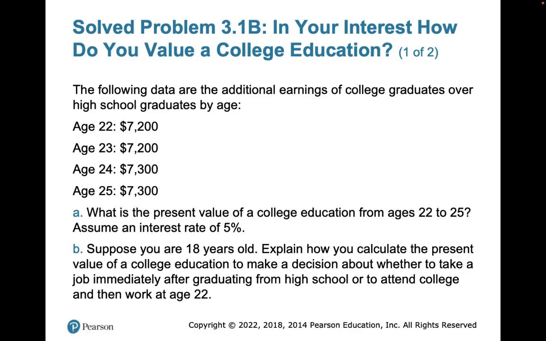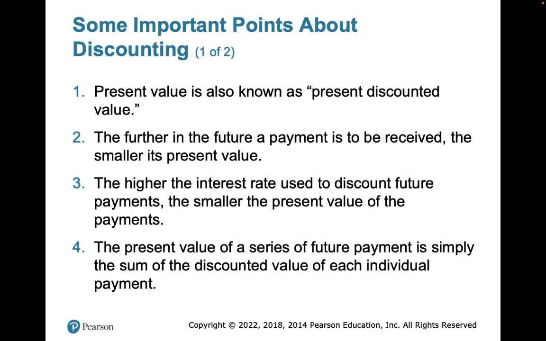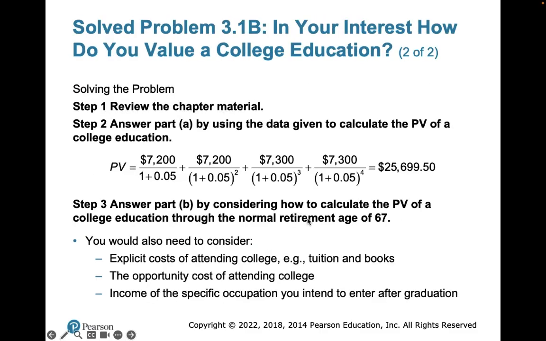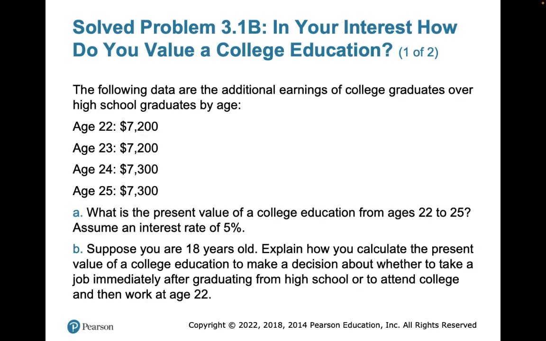If you want to do this, we go back to the formula which I already gave here, which is the present value and the future value, how to get the future value. Now let's go and see how this is done. This is solving the problem, which is this slide. We're going to try to answer A now.